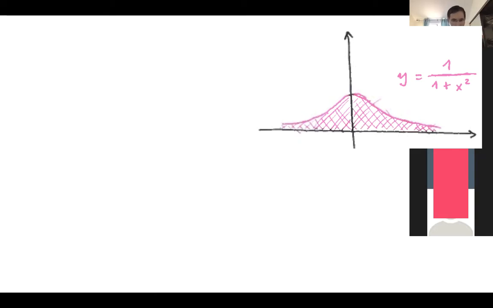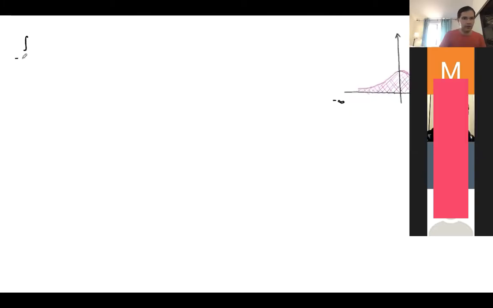And let's say we want to compute this definite integral, but improper, from negative infinity all the way up to positive infinity of this function f. And the function is the rational function 1 divided by 1 plus x squared.